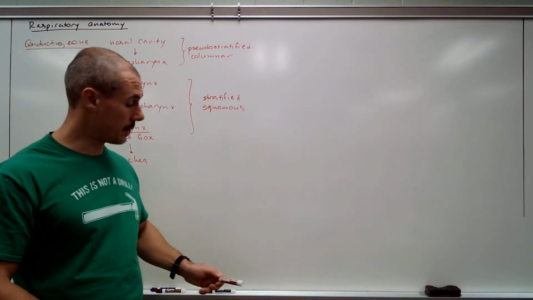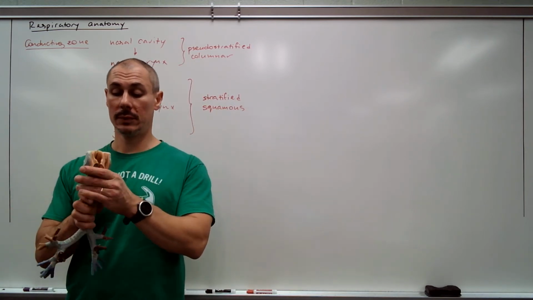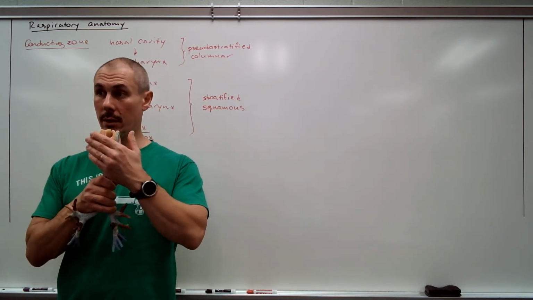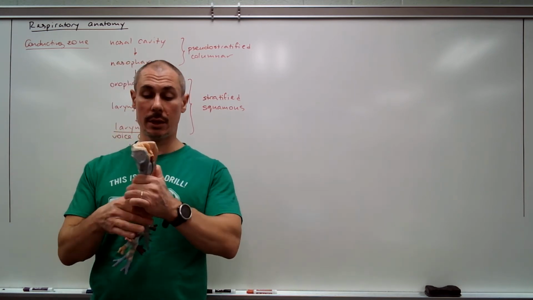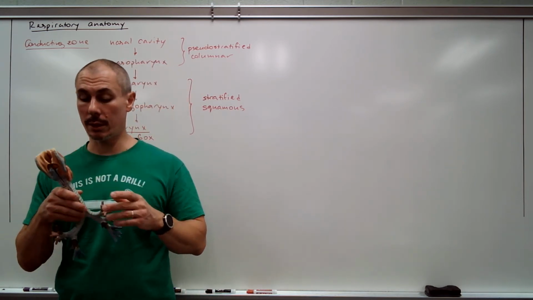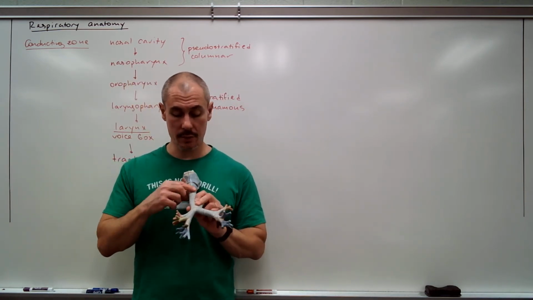So here you can see the illustration. So this is your larynx here, okay, the voice box. You can see thyroid cartilage here, you see cricoid cartilage here, and then air enters the trachea.